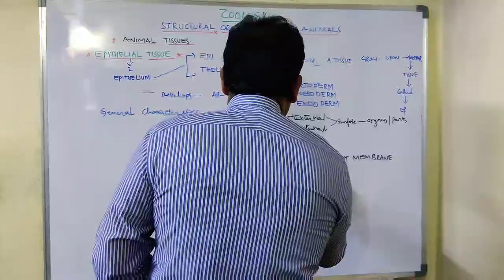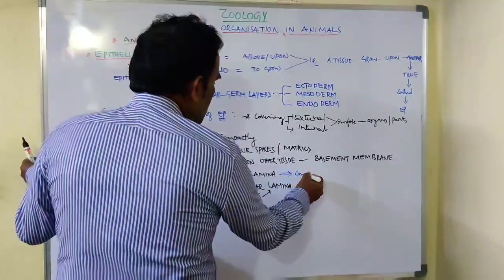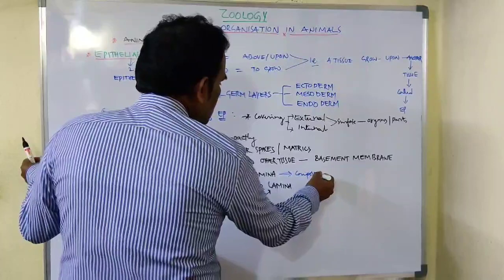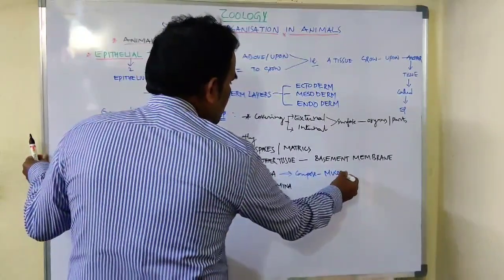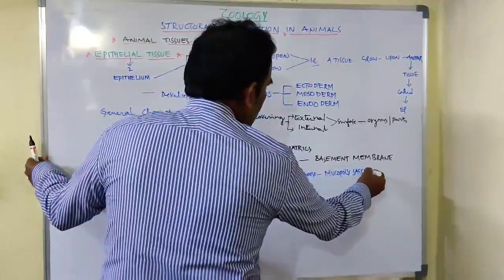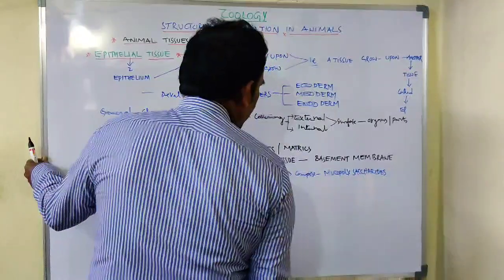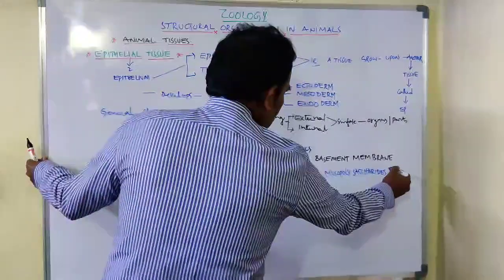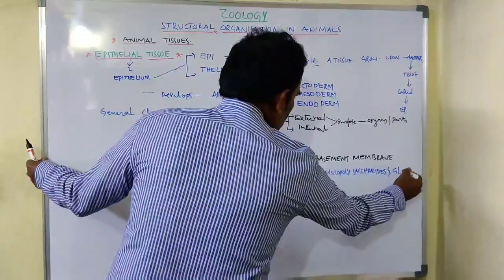This basal lamina is composed of mucopolysaccharides, whereas glycoproteins.